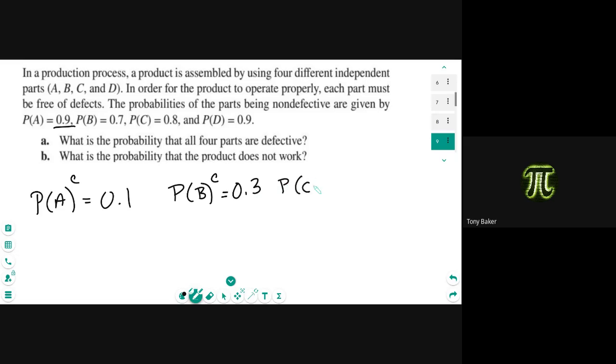C? That's 0.2. And D is 0.1. Okay. Now I'd have to figure out the defective rate for all of them, right? So I'm going to multiply them all together. And what do I get?